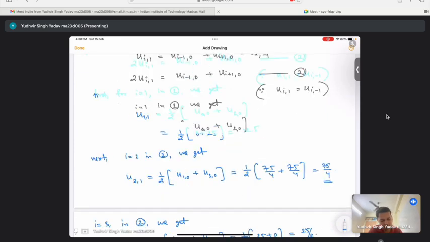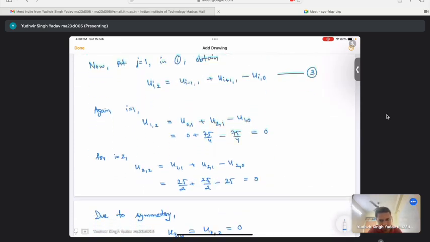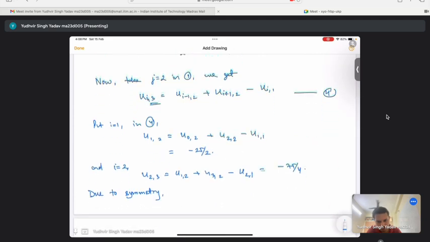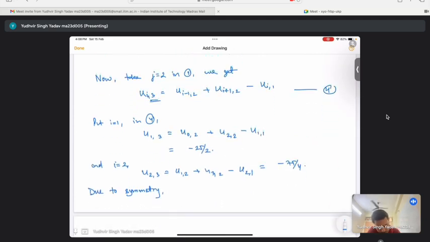So again, for the third time step also, using this concept of symmetry, we can answer about the other nodal points as they would be minus 25 by 2.